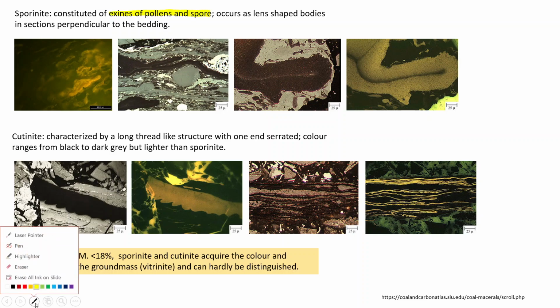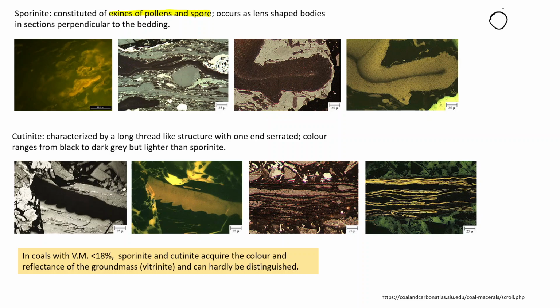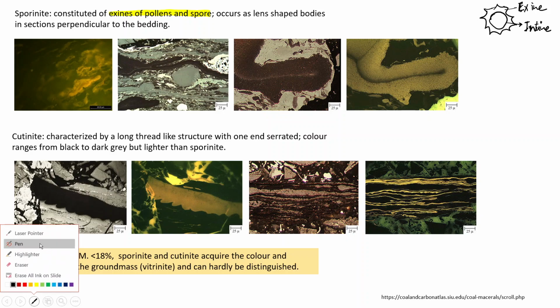Those of you who have studied the structure of pollen grains will know that pollens have a strong, sturdy structure on the outside which protects the internal layer. This is called exine, while the internal layer is called intine. Exine and intine. So this exine gets preserved to form the sporinite.